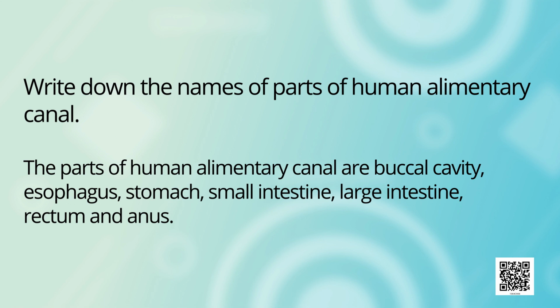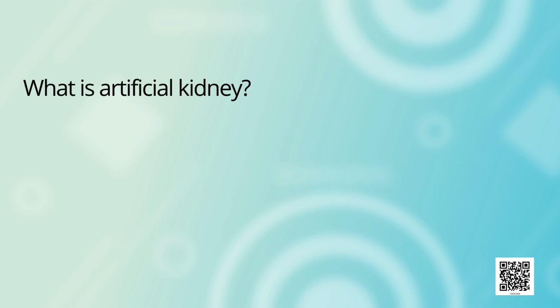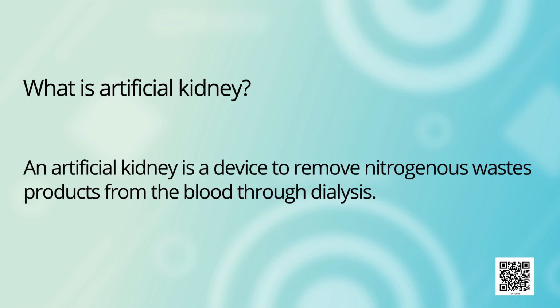So the parts of the human alimentary canal are buccal cavity, esophagus, stomach, small intestine, large intestine, rectum and anus. My next question is, what is an artificial kidney? An artificial kidney is a device to remove nitrogenous waste products from the blood through dialysis.